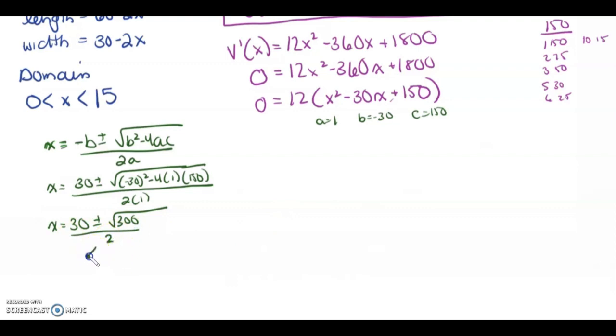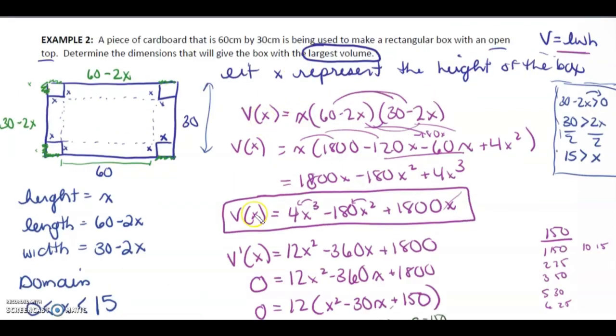We can go ahead and branch off. Right, we're going to have two answers, the plus minus. So we get x equals 23.7, and then x equals 6.3. And it's okay to go to 1 decimal. So when we think about what our max and min could be, max or min, so for this one specifically, we're looking for the largest volume.